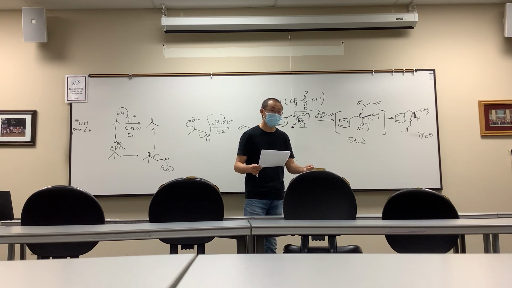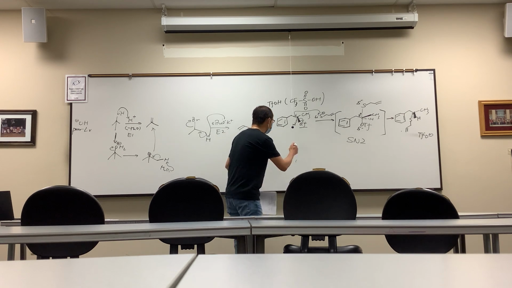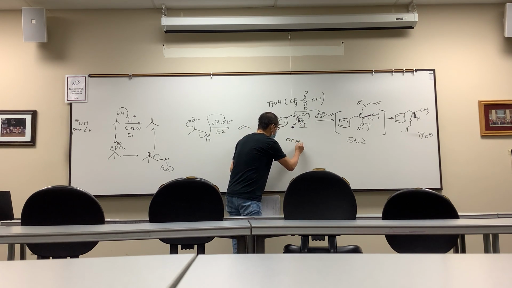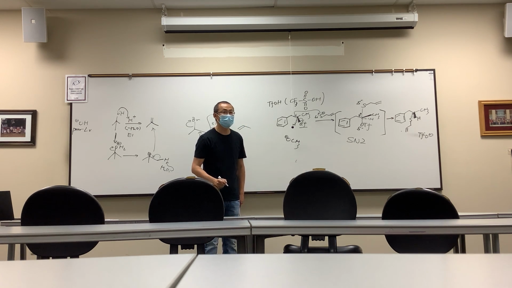We know OTf is a very good leaving group, but OCH3 is what? Poor, good, or regular? Think about OCH3 leaving as what? OCH3 minus. Is that a good leaving group or a bad leaving group? Very bad leaving group.